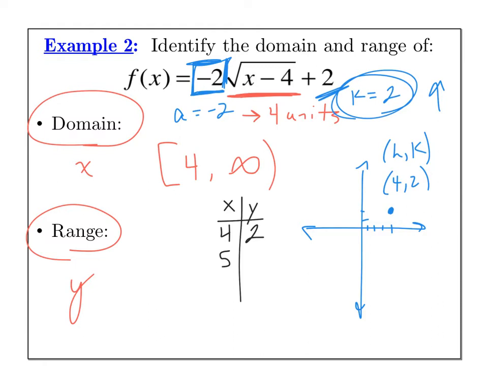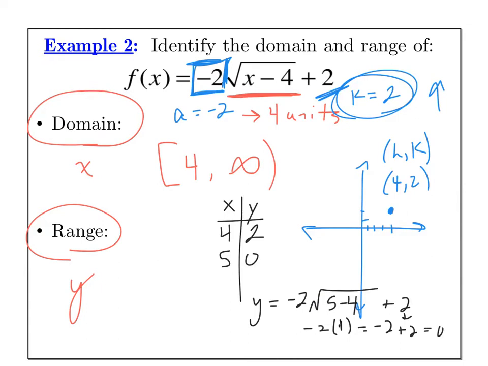So what I'm doing here, guys, is plugging in numbers for x to make this t-chart. 1 times -2 is -2, plus that 2, which is 0. So at 5, we're at 0, and we can go ahead and draw our graph.